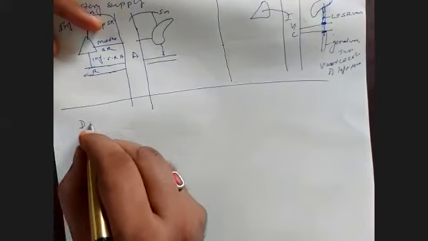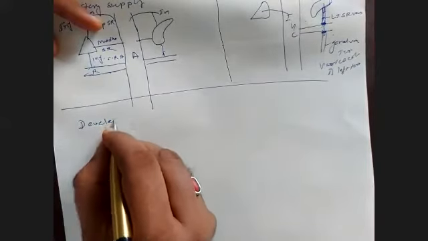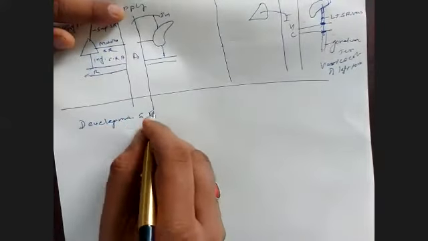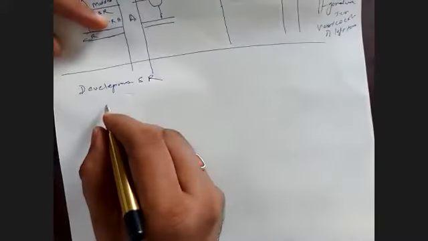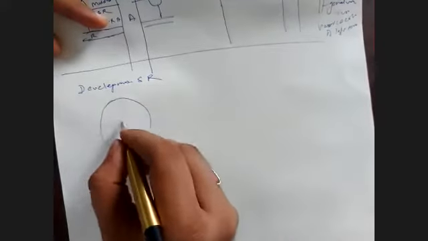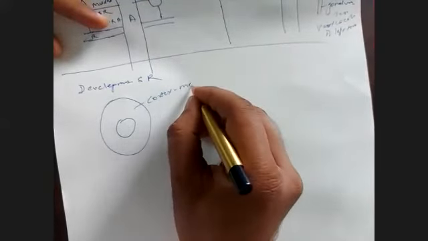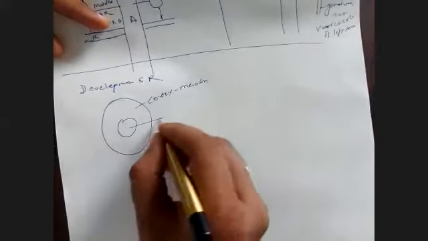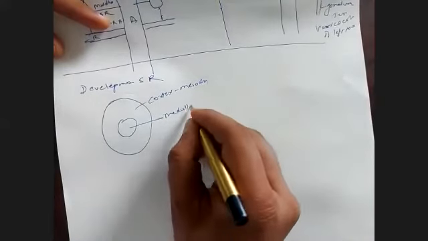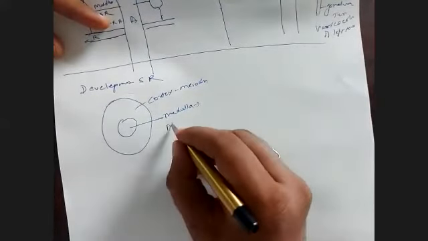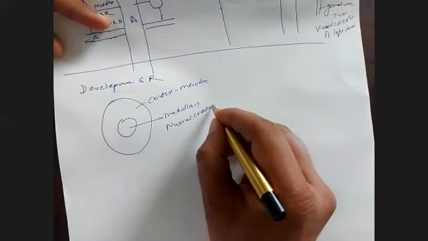Regarding the development of the suprarenal, you need to know that it has a cortex and it has a medulla. The cortex develops from mesoderm, while the medulla, which secretes epinephrine and norepinephrine, develops from the neural crest cells.